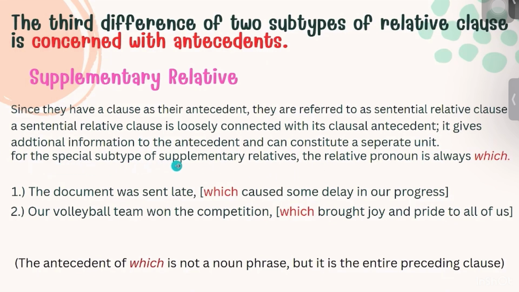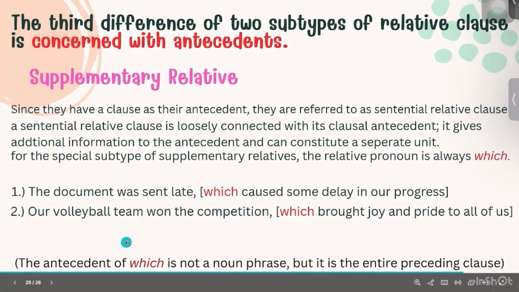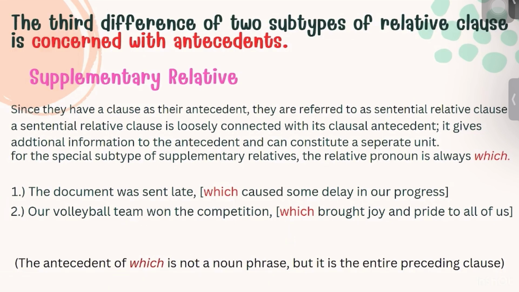For the special subtype of supplementary relative, the relative pronoun is always which. For example, the document was sent late, which caused some delay in our progress. Our volleyball team won the competition, which brought joy and pride to all of us. The antecedent of which is not a noun phrase, but the entire preceding clause.